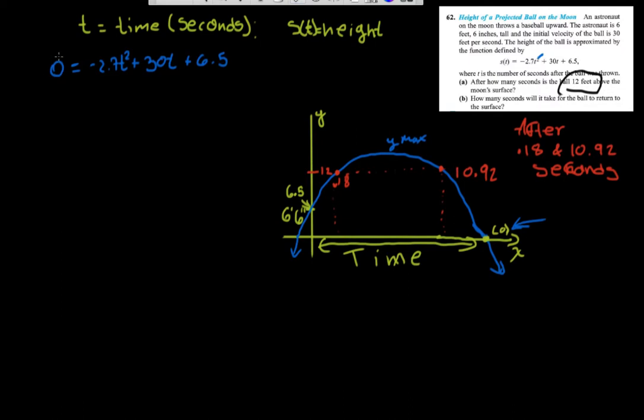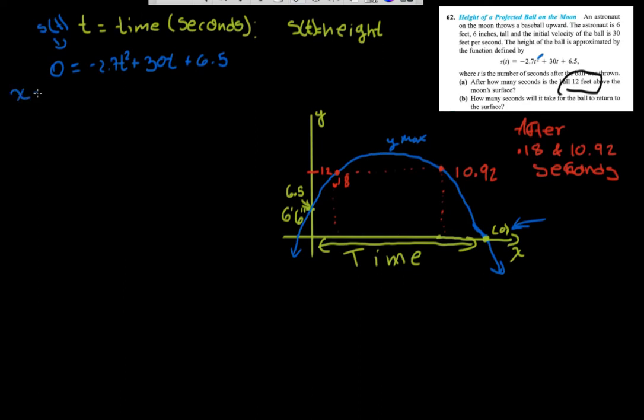Okay, I substitute s of t by 0 because we want to get when the ball is going to return to the surface, right? Again, in this case we don't have to move anything to the other side because it's already 0 here, so we actually plug these values into our quadratic formula.